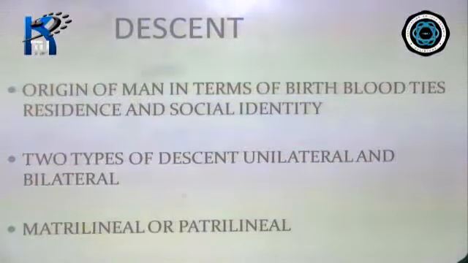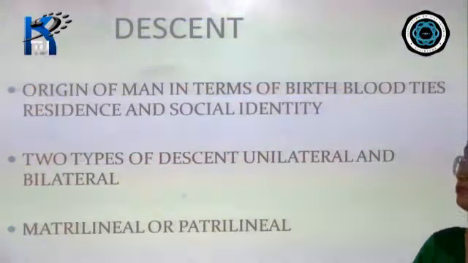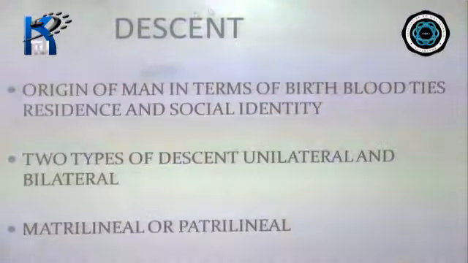We have to go backwards to find your origin, all right? Your origin in terms of birth, right? Your origin in terms of blood, and your origin in terms of residence, that I will explain individually, and also the social identity.